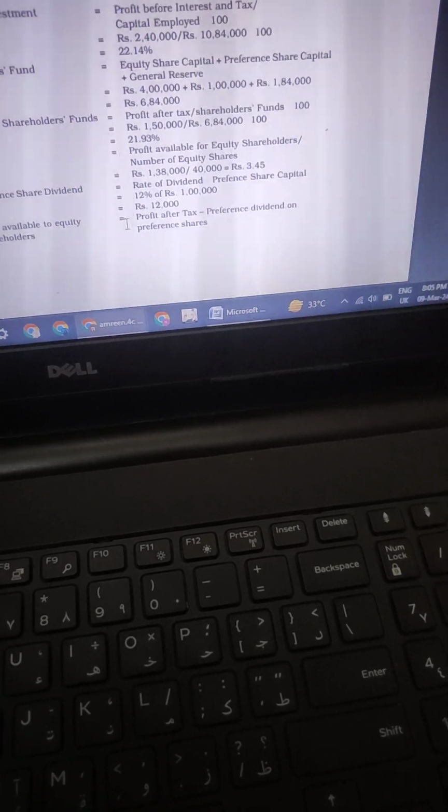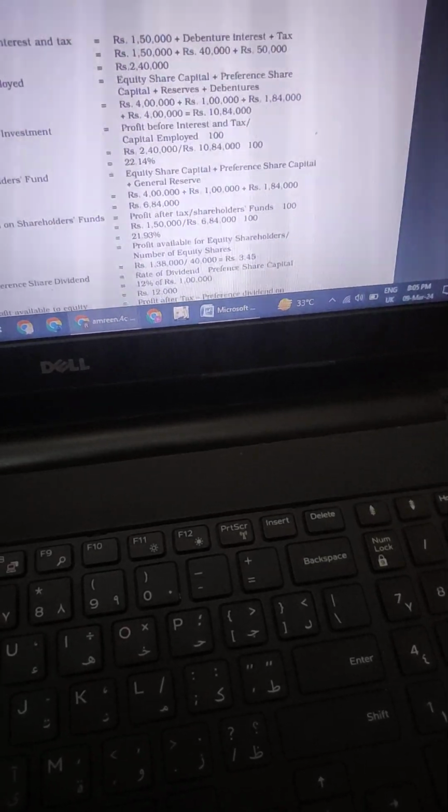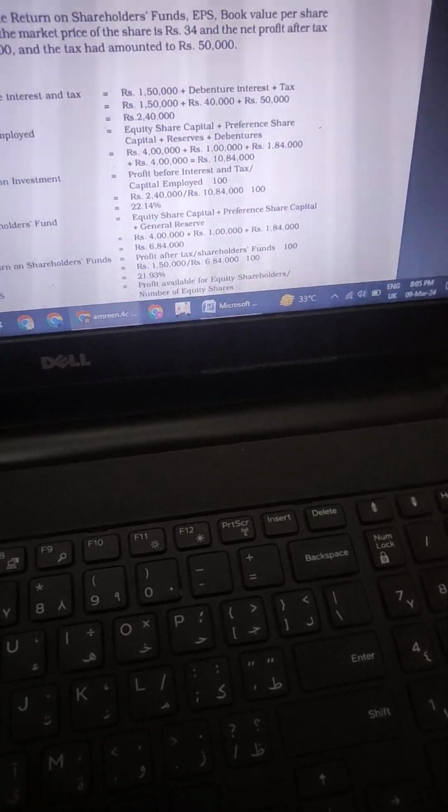Profit available to equity shareholders is calculated as profit after tax minus preference dividend on preference shares. Profit after tax given in the question is 1,50,000. Then we have to calculate the preference dividend.